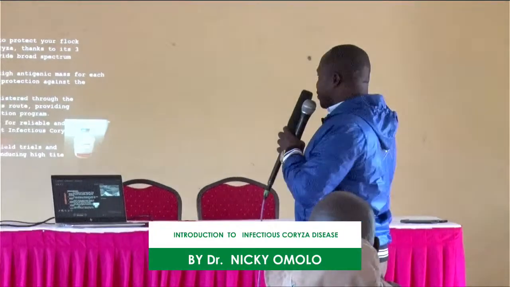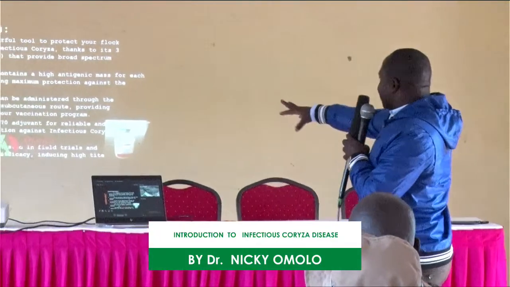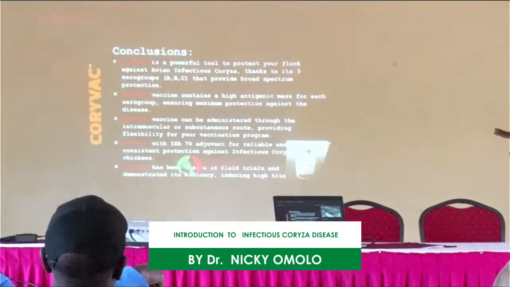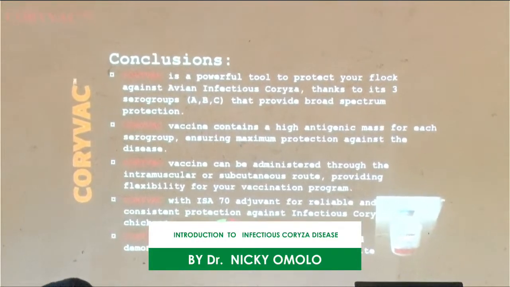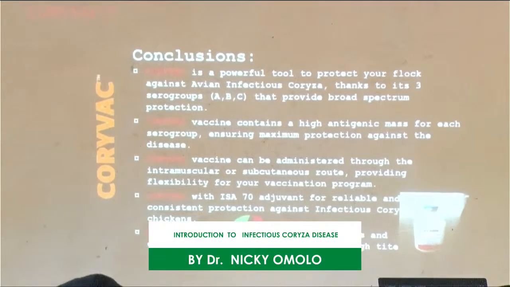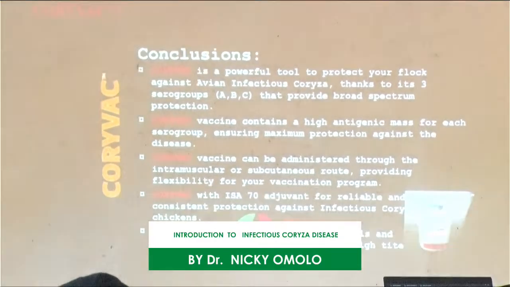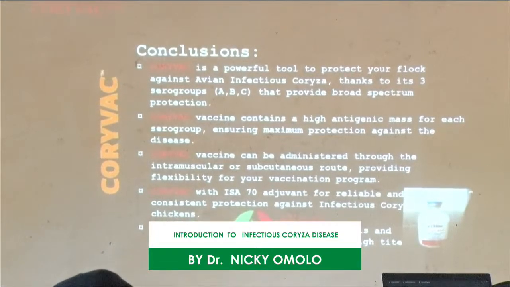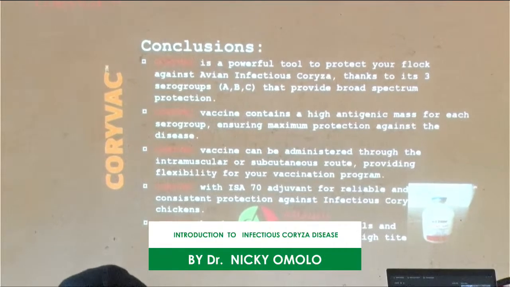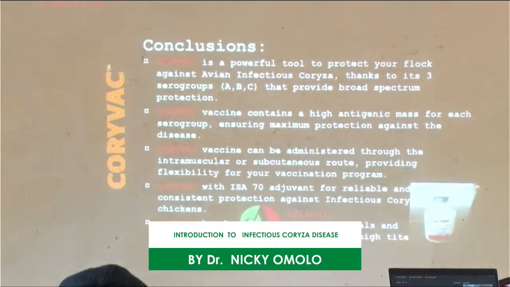So go to your log books and calculate the titer concentration, and the colony forming units. Then the coryza vaccine can be administered through intramuscular or subcutaneous routes, providing flexibility for your vaccination program. So if you are very good with breast muscle, or with thigh muscles, or with subcutaneous, you can choose at your convenience. All of them will be able to offer protection.